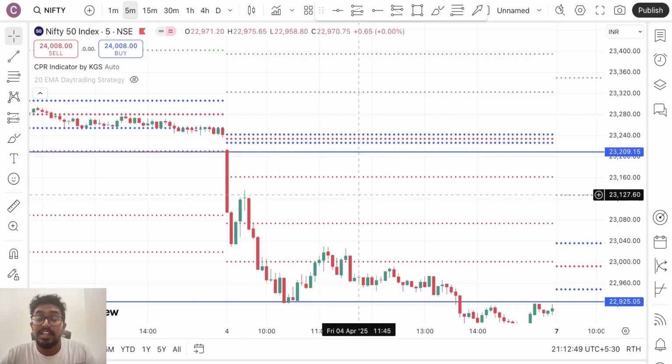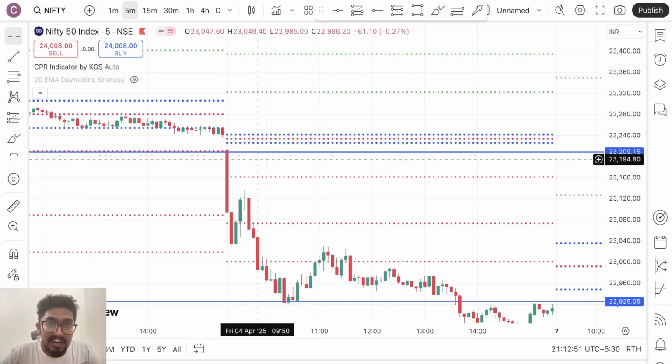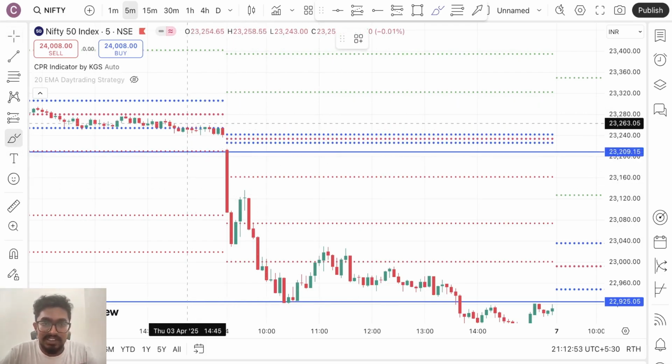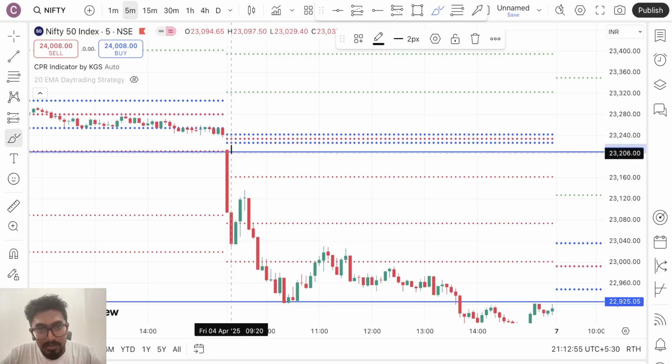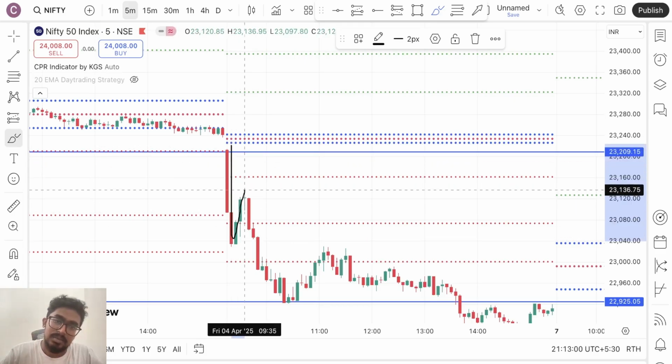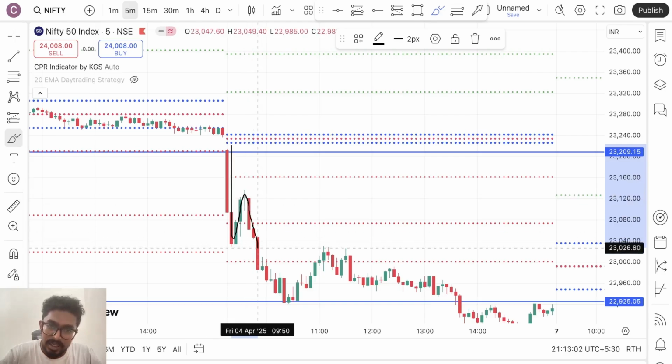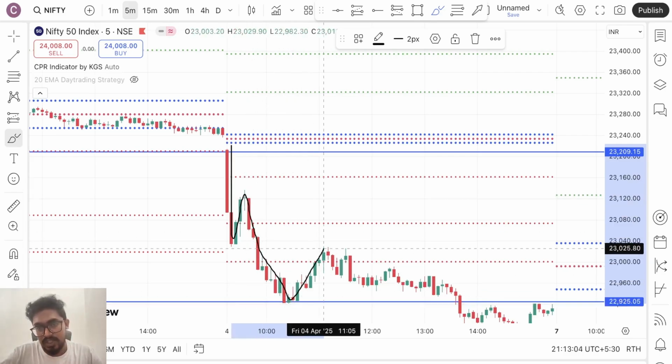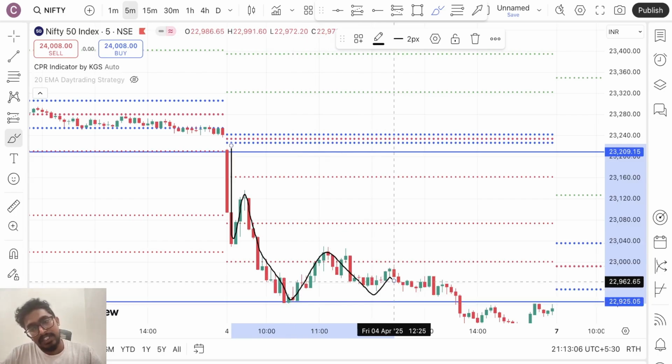So when there is a narrow CPR, you can see a trending day. For example, it opens below this level, and it came here and took a support, and it came all the way down here, took a support, and this is called a trending day.